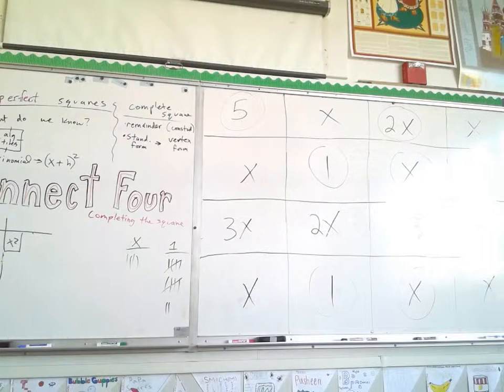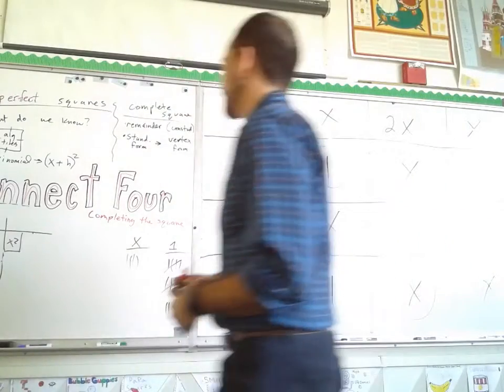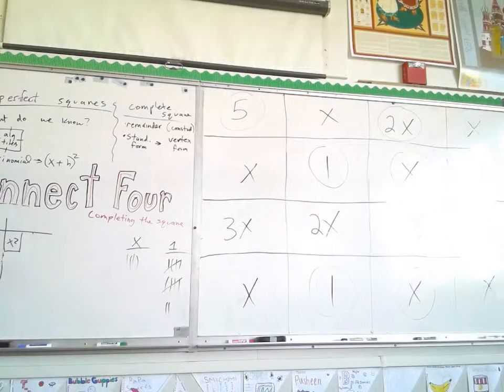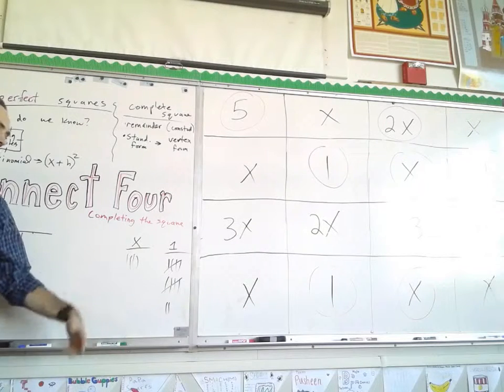Okay, if you're done, don't forget we need the trinomial. What is the original trinomial with all these tiles? X squared plus how many x's?